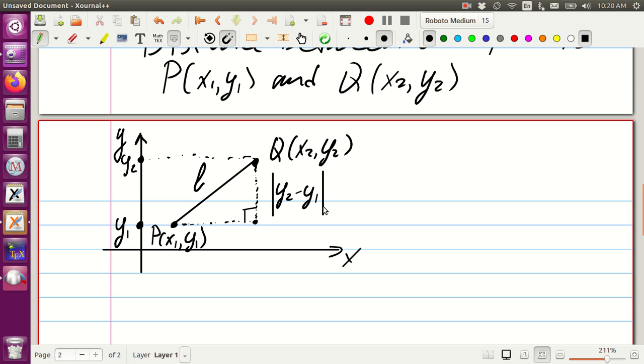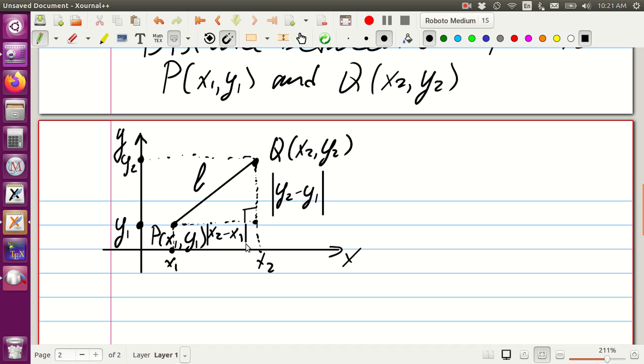So we figured out the vertical distance, and now we can figure out the horizontal distance. The horizontal distance will be between this point x sub 1 and this point x sub 2. So if we take a difference between x sub 2 and x sub 1 and put an absolute value on it, then this would be the positive distance.